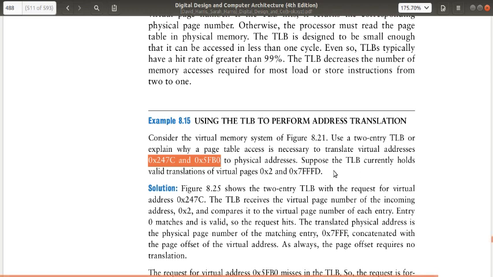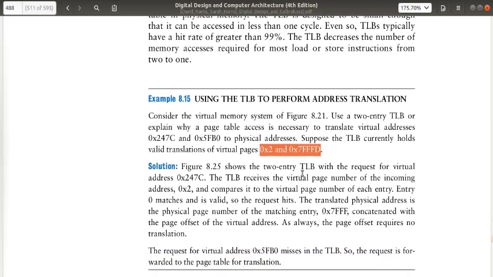And suppose the TLB currently holds valid translations of virtual pages 0x2 and 0x7ffd. Now let's see how it looks.